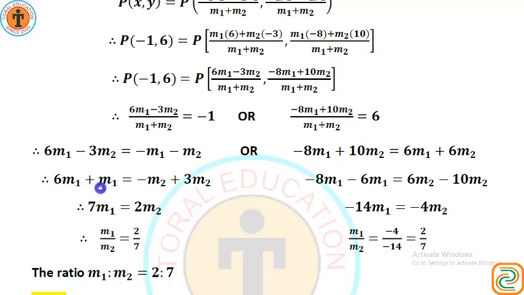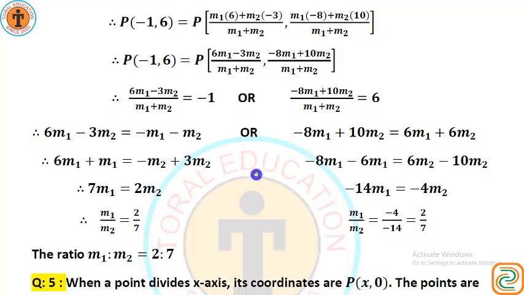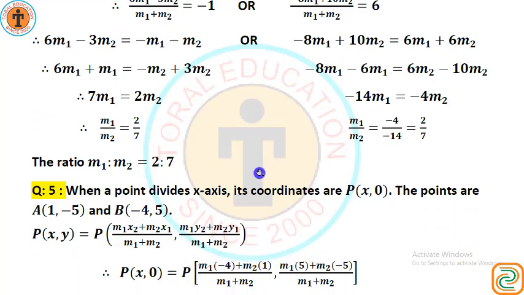And 6m1 plus m1 equals 7m1. 7m1 equals 2m2. If we take m2 here and 7 here, right, it will be like this, m1 upon m2 equals 2 upon 7. So our ratio m1 is to m2 is 2 is to 7. Similar thing happens here and we get here 2 upon 7. Both the cases ratio must be equal. Question number 5.